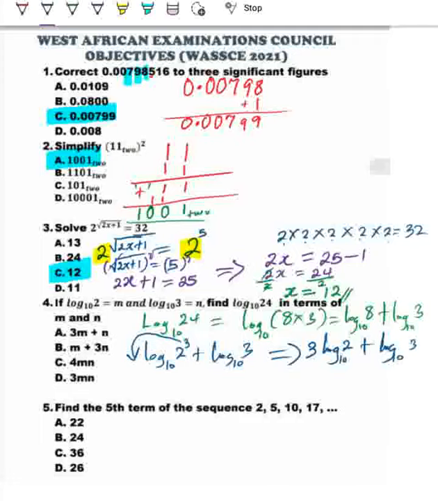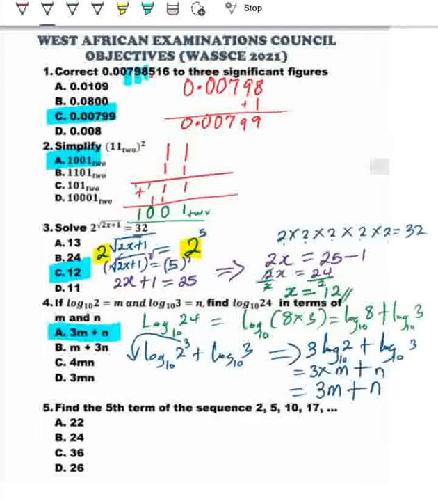It is given that log 2 is equal to m, so we substitute 3 times m, and log 3 to base 10 is equal to n, so we substitute n. That gives 3m plus n. Therefore, the correct option is A, which is 3m plus n.